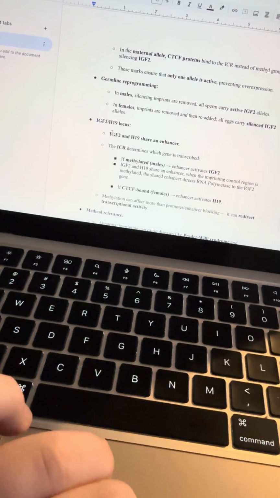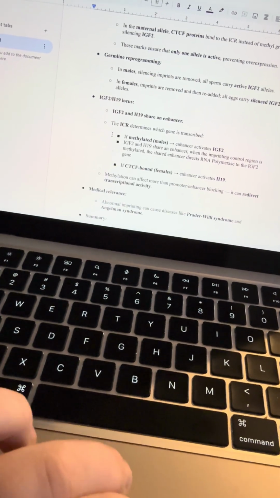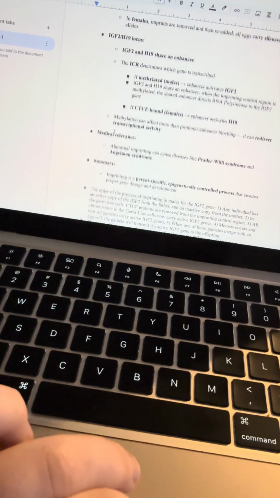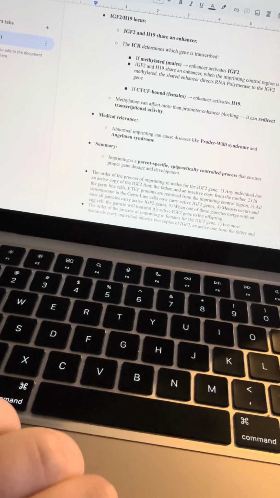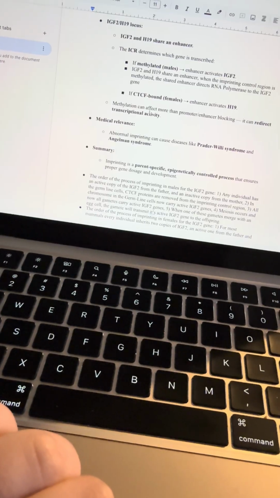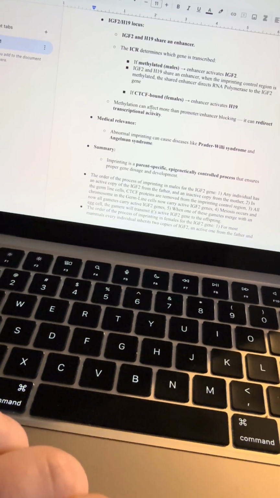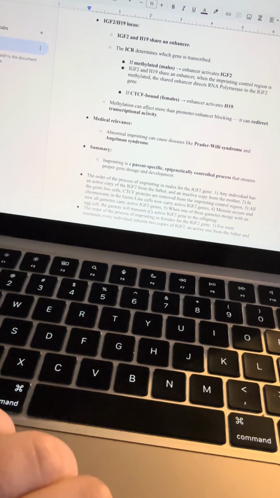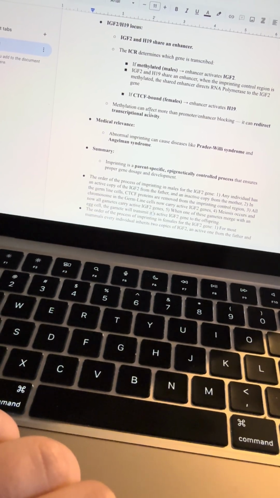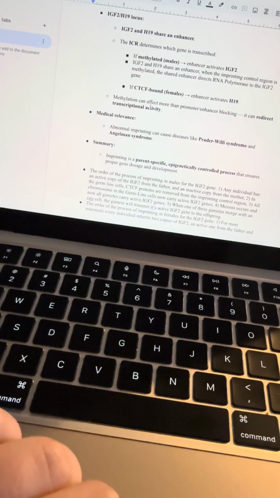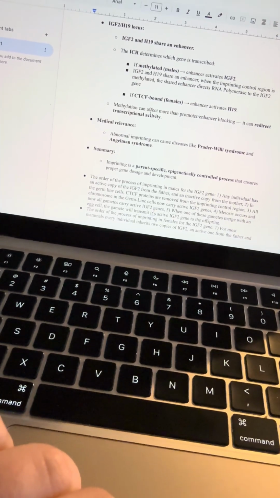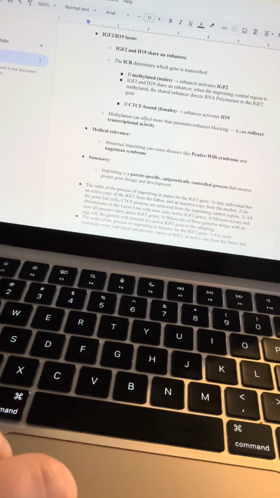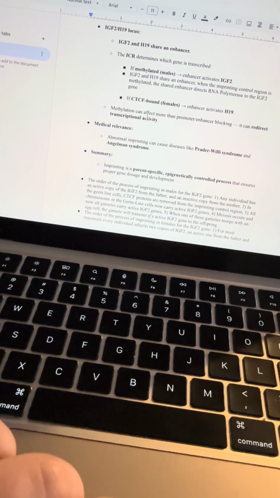IGF2 H19 locus. IGF2 and H19 share an enhancer. The ICR determines which gene is transcribed. If methylated, as in males, the shared enhancer directs RNA polymerase to the IGF2 gene.